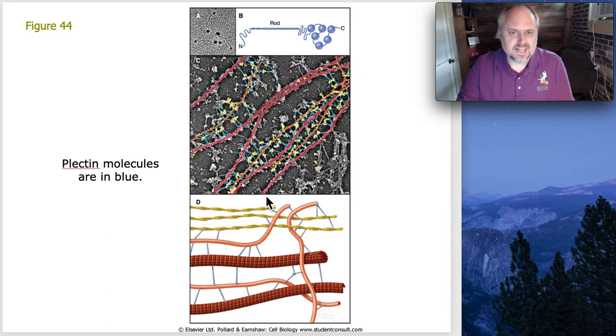So they probably would not be in this picture, but you can definitely see those little blue molecules, the plectin, connecting the dots between the intermediate filaments and the microtubules, and the actin filaments would also be in there as well.